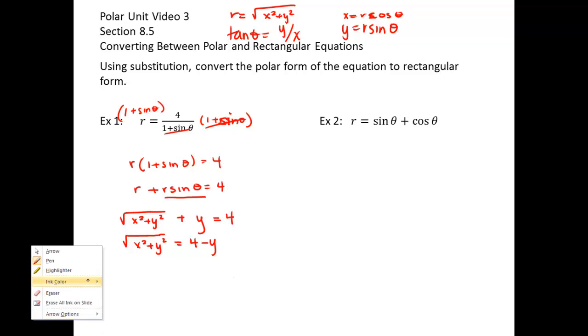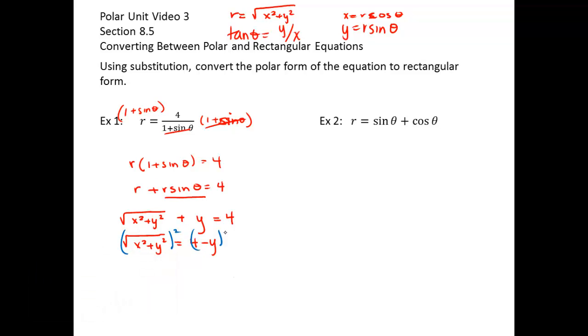I'm going to change color so you can see where I'm going with this now. So I'm going to square both sides, and that will result in just x squared plus y squared. And on this side, I'm actually doing 4 minus y times 4 minus y. And that will give me 16 minus 8y plus y squared.